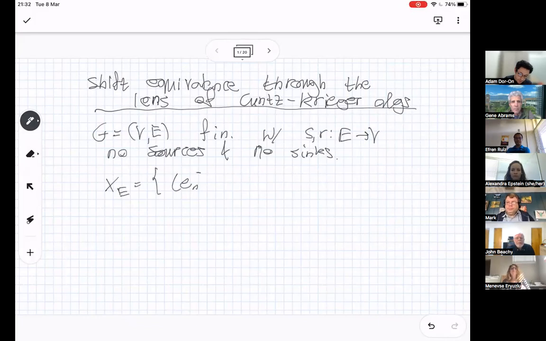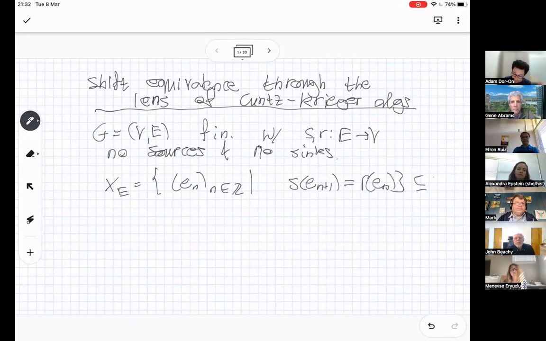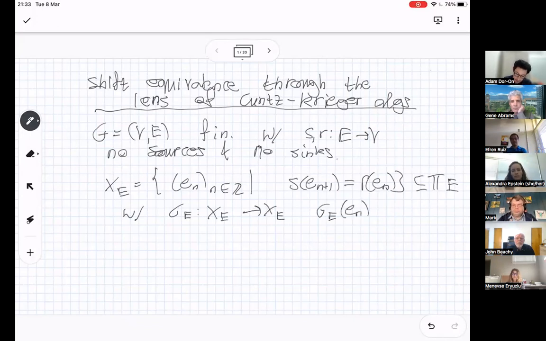It's the collection of all bi-infinite sequences of edges that concatenate well together, like so. You put the product topology on this thing, and that becomes a compact Hausdorff topological space. And it also comes equipped with a homeomorphism on the space that simply does left shifting of your sequence.